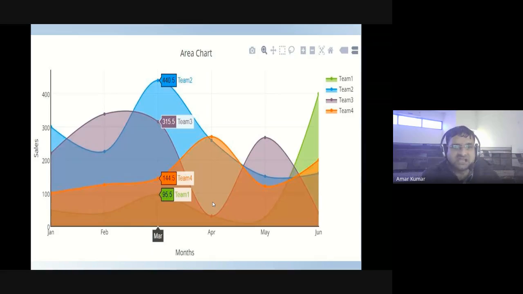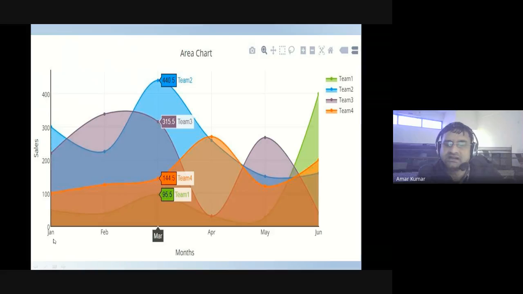This is all about the sales and the team. There are 4 teams available in our Excel sheet: team 1, team 2, team 3, and team 4. They have sales of a certain quantity. On the left side in the vertical position, you can see sales: 100, 200, 300, and 400.